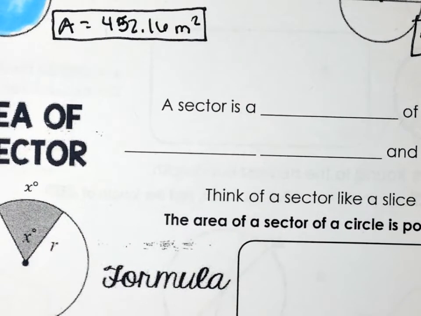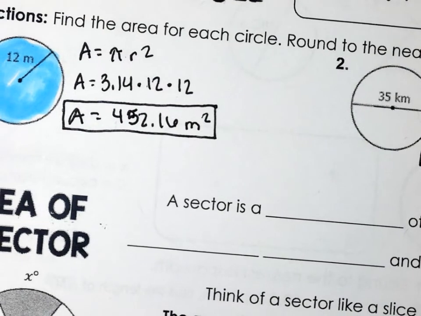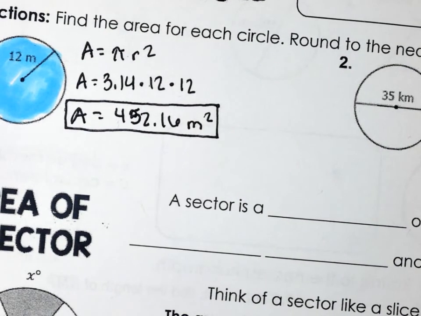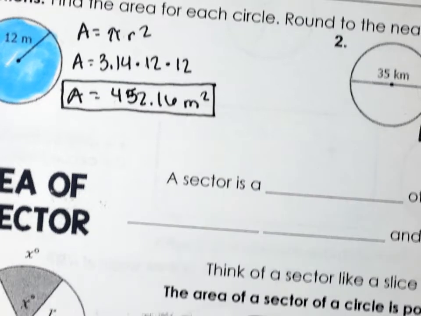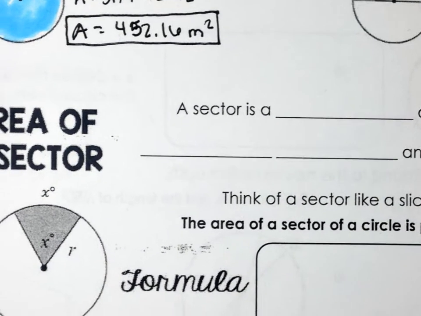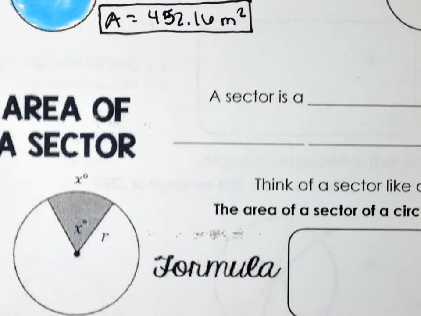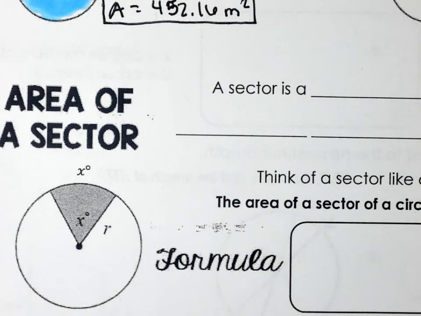So that's just basic area. Area is easy. Y'all need to know area of a circle though. You're going to need that for when we do composites later next week. Area of a sector. Similar concept, just now you're not doing the entire circle. You're just doing a piece of the circle.